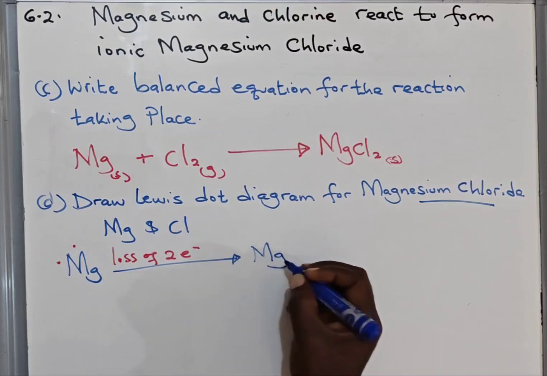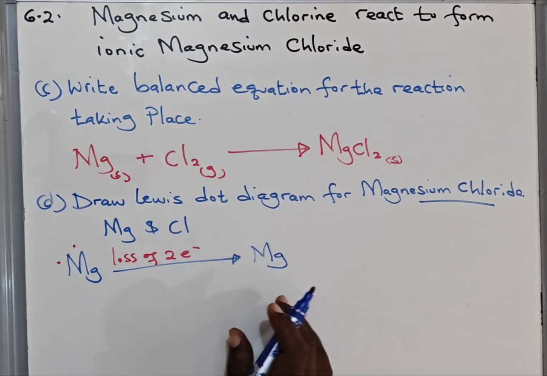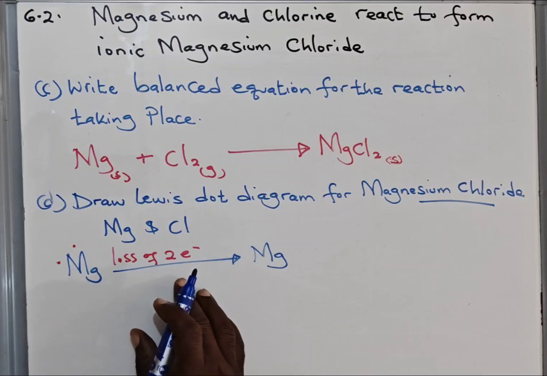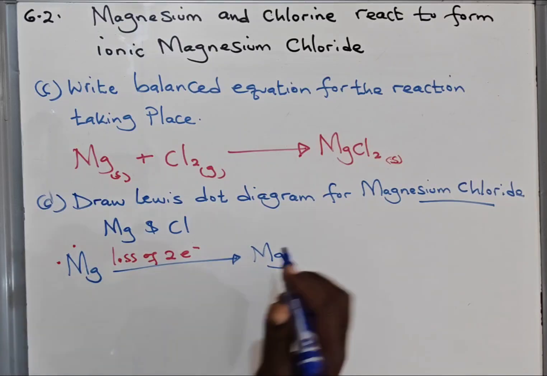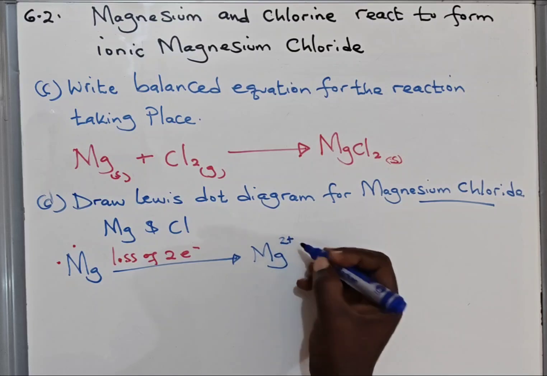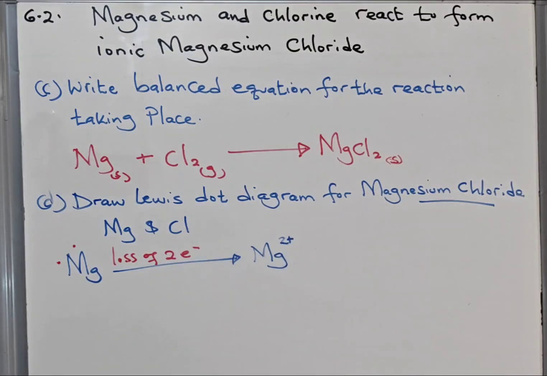So we have magnesium now, Mg. But we must remember that when you lose electrons, you attain a positive charge, so this becomes 2+ because of the loss of the 2 electrons. The other element we have to look at is chlorine.